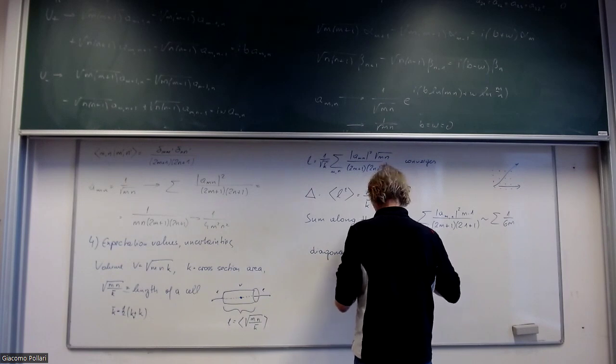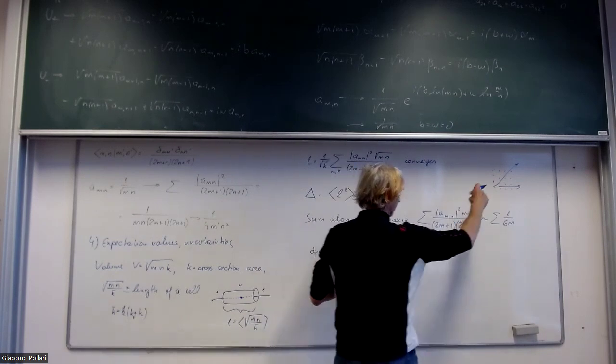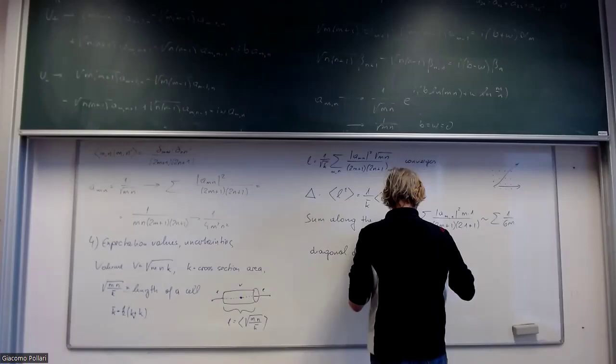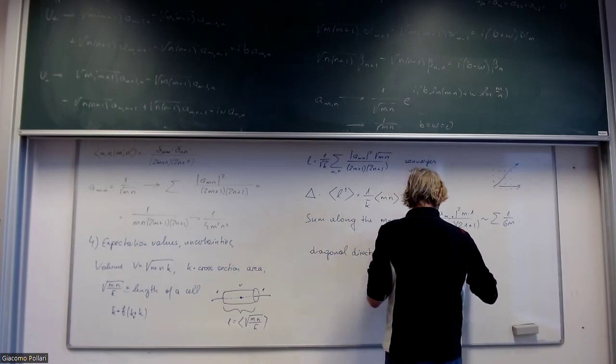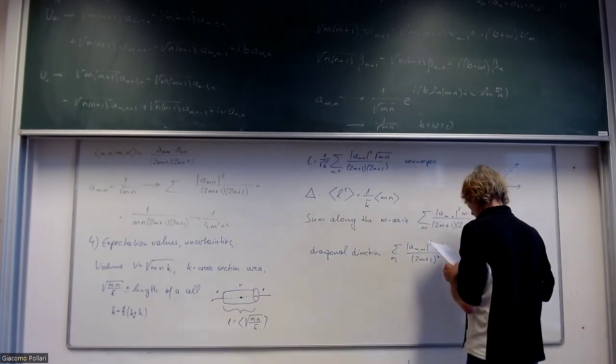For a_{m,n} with n equal to m, we have m squared, n squared, divided by 2m plus 1 squared, and this goes like 1 over 4m squared.